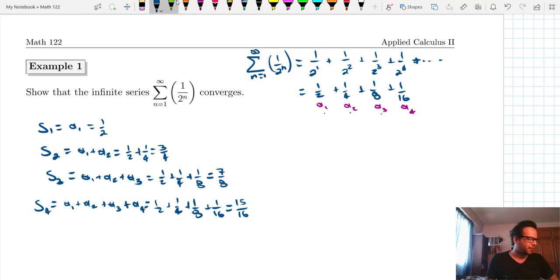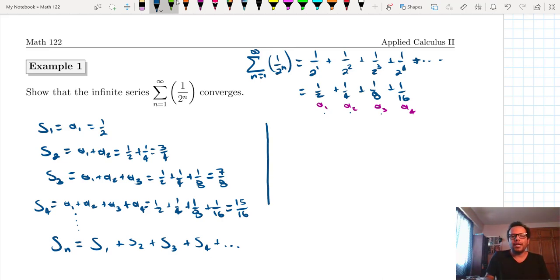All right. So let's find a sequence of partial sums, Sn. Suppose we continue this on and on until we get Sn, and we will find out what that is.